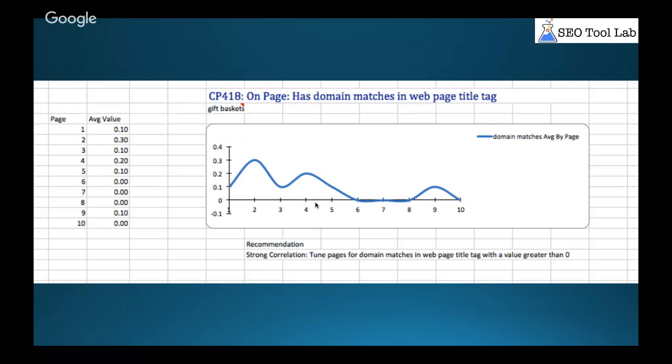So this is looking for the domain name listed in the title tag. And we found strong correlation with rank position when you do that pattern. Do you think this is because the keywords are in the actual name, or because this is just something where Google likes to see that you're listing your brand in your titles?